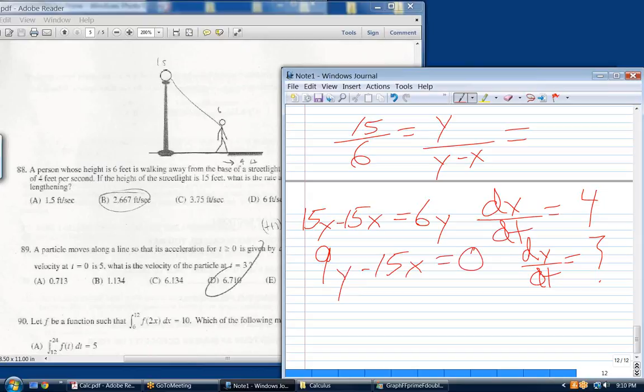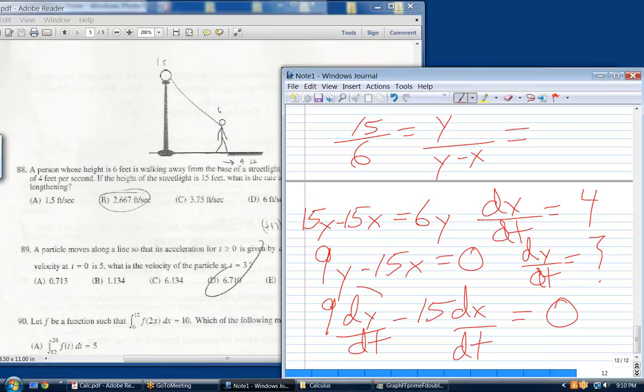Now let's differentiate it with respect to t implicitly. So this is going to be 9 times dy dt minus 15 times dx dt equals 0.